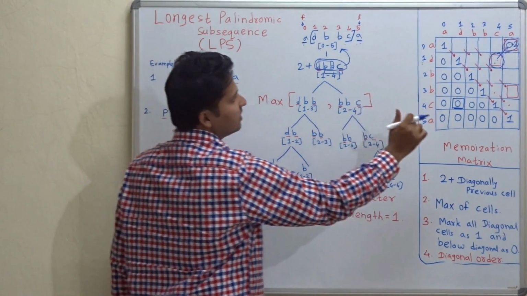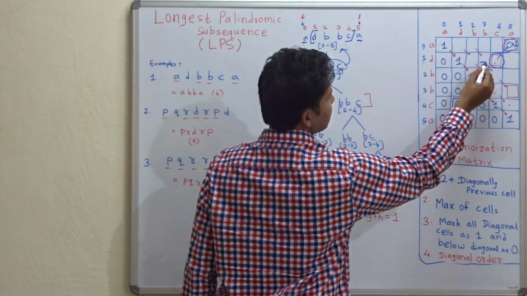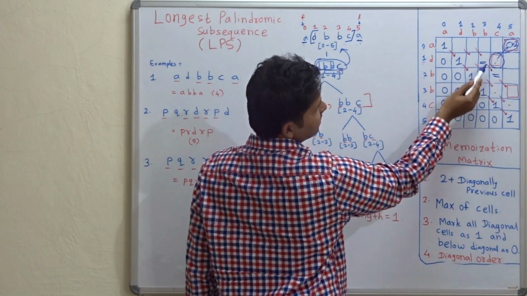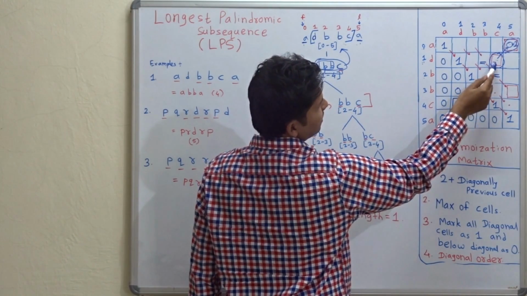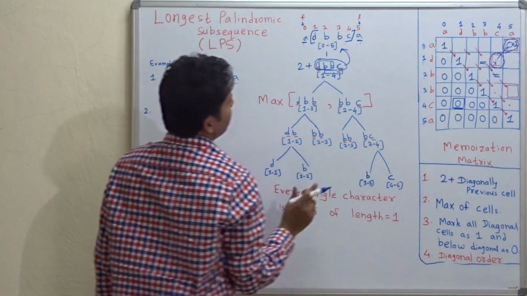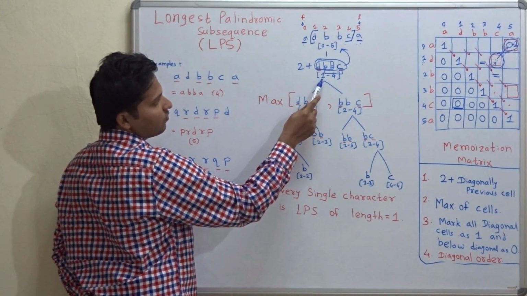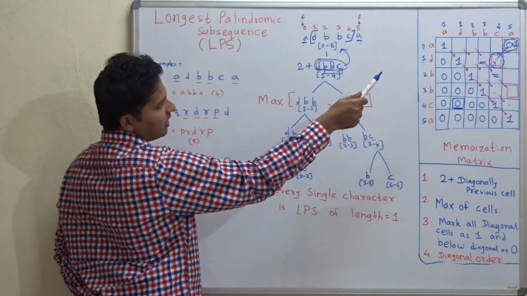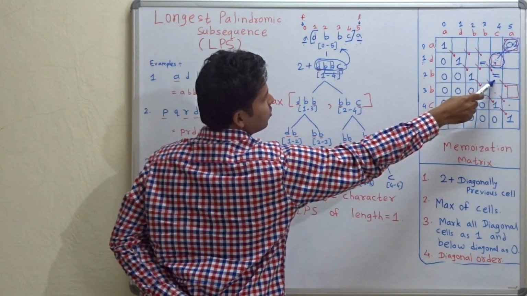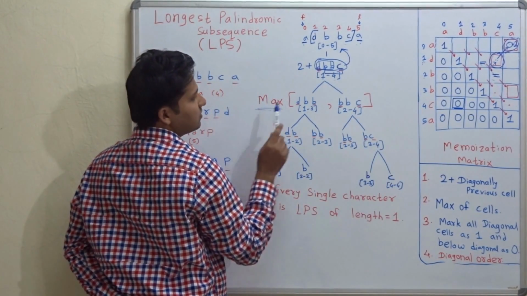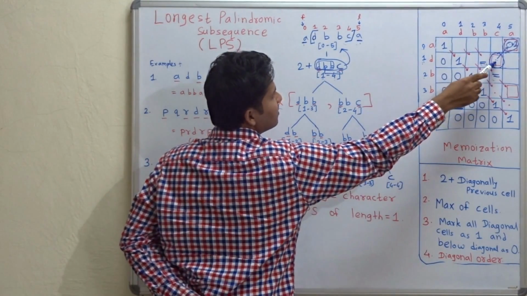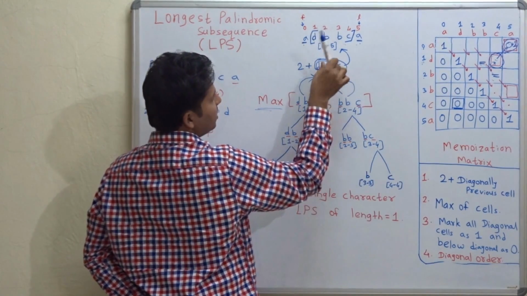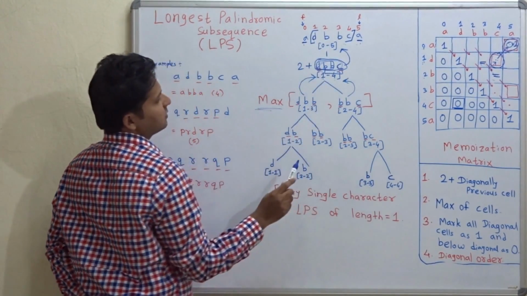So let's see here, 1 to 3 is this cell and 2 to 4 is this cell. So max of these two cells and the value will go in this cell, that is 1 to 4. Means the value of index 1 to 4 depends on these two cells, 1 3 and 2 4, and we take the max between those two cells and we put the value in this cell, means we return the values and max will be the length of this LPS.